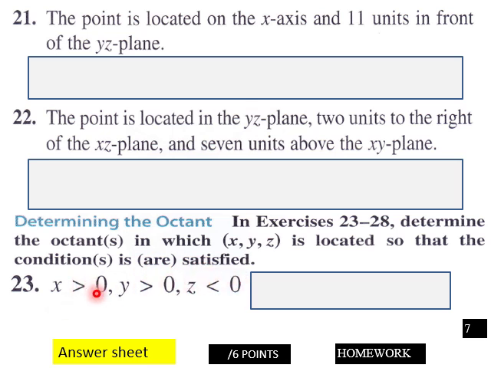So you have a case here where x is greater than 0, y is greater than 0, and z is less than 0. Describe the octant which would contain these conditions here. So this is page 7, the 6 points here for page 7.